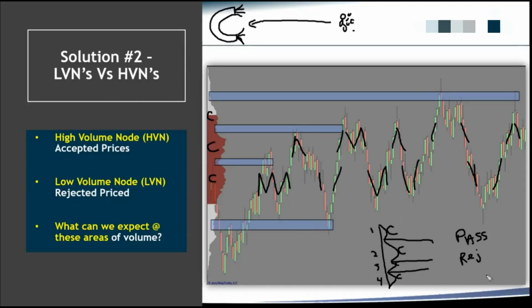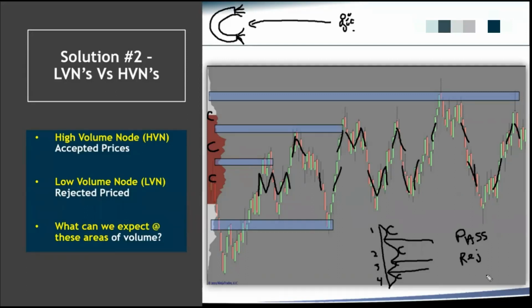Now, a lot of trading strategies that I've seen in the space, some traders will trade low volume nodes. Now I'm going to tell you my perspective, and it's my perspective. You guys can take your own truth to this and look at charts.